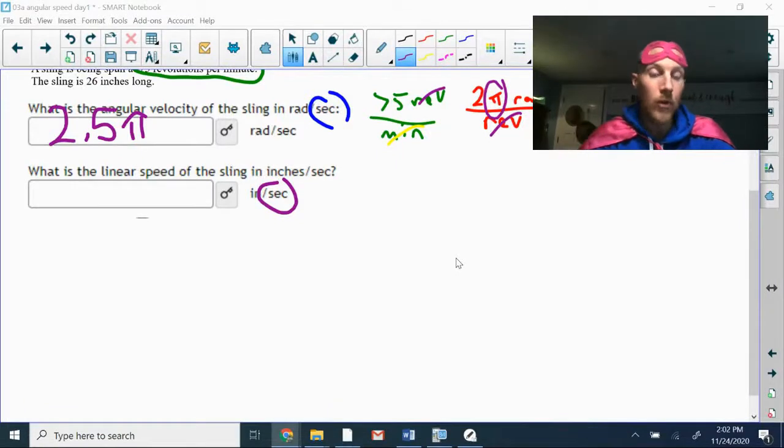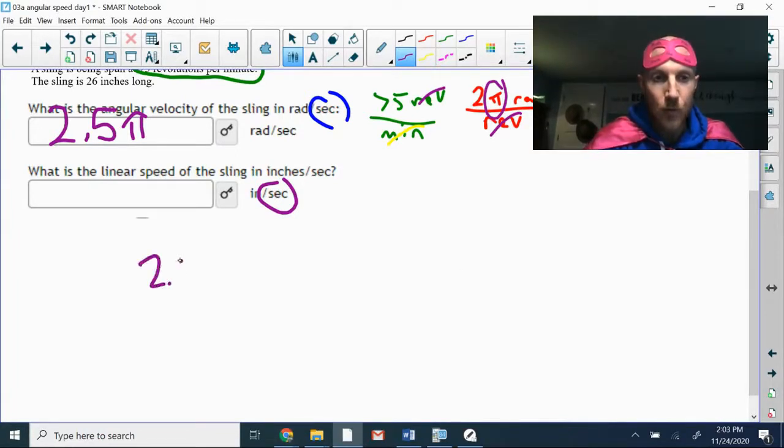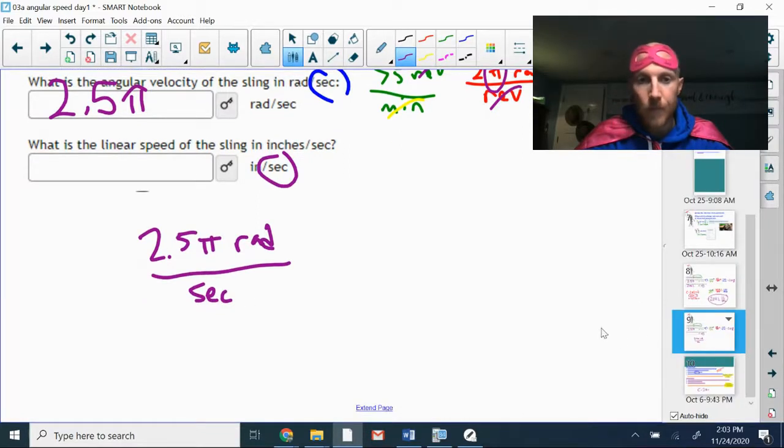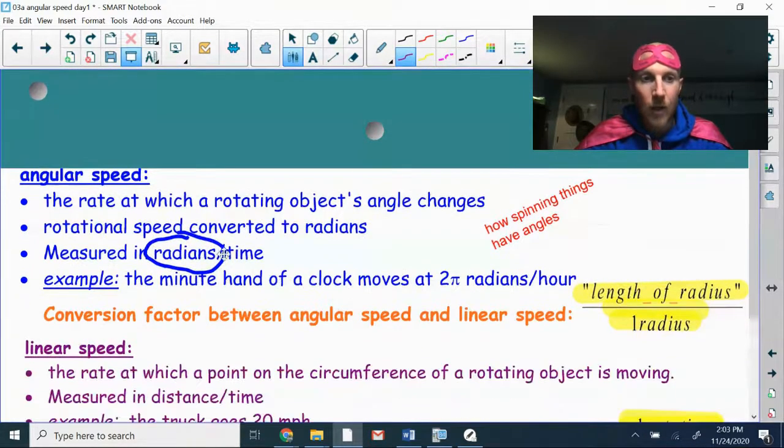So I'm going to back up. Here's option number 2 for the second question, to find the linear speed of the sling in inches per second. If I work from my previous answer of 2.5 pi radians per second, which is an angular speed, and I need to convert to a linear speed, my conversion factor between angular and linear is the actual number that is the length of the radius and the word radius.